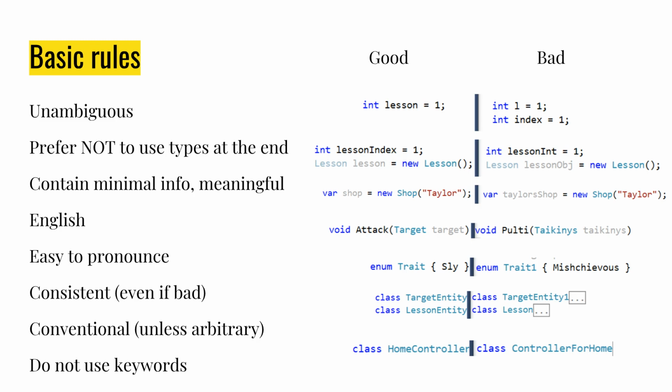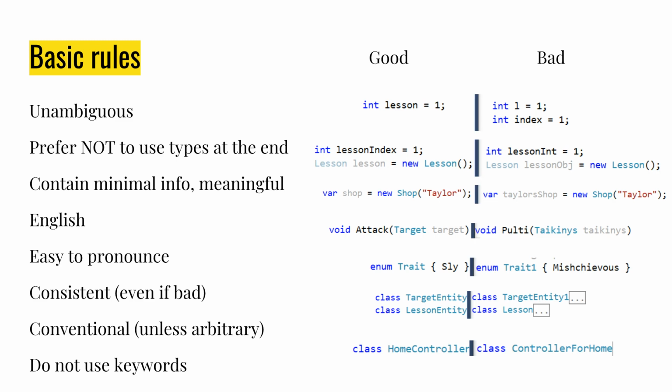So if we have, let's say, a single object, and the object we create has a specific meaning, we don't need to redefine the meaning in the object's name, because we shouldn't work with details and specifics.